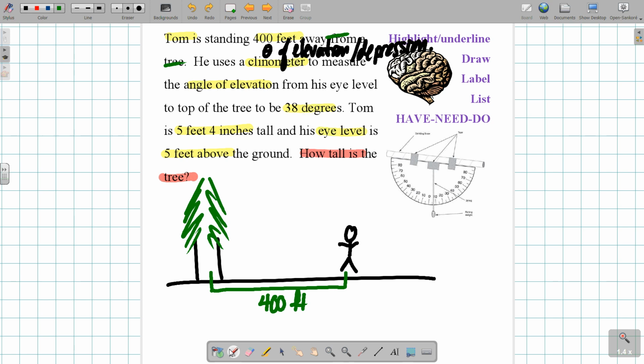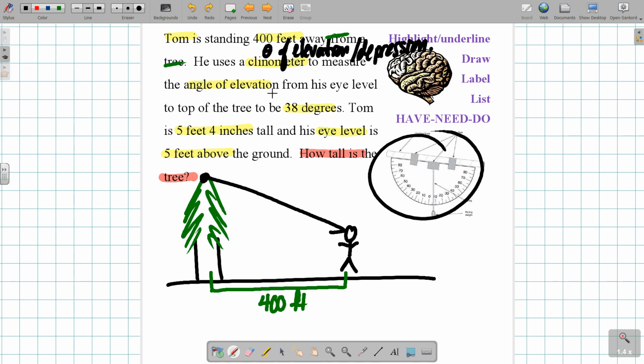Okay? He takes the clinometer that he holds at his eye level. Okay, so this device is handheld. It's being held at his eye level. And from his eye level, he measures the angle of elevation to be 38 degrees. Now watch very carefully. An angle of elevation always starts at a horizontal and goes up.